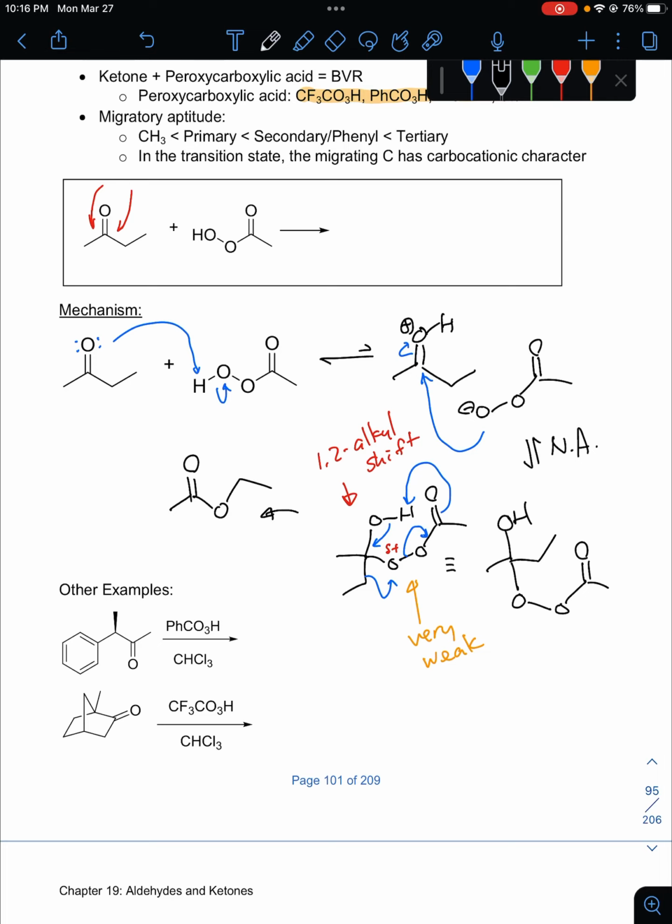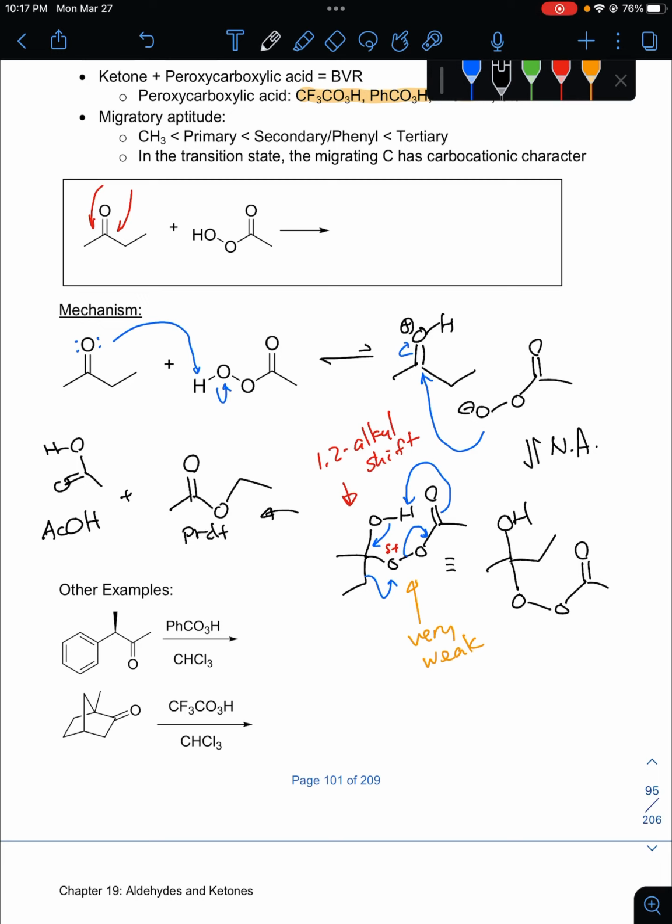So we have this ester, right? And then what happened to the peroxy acid? Well, it ended up being acetic acid, which is abbreviated like so. And this is the product.